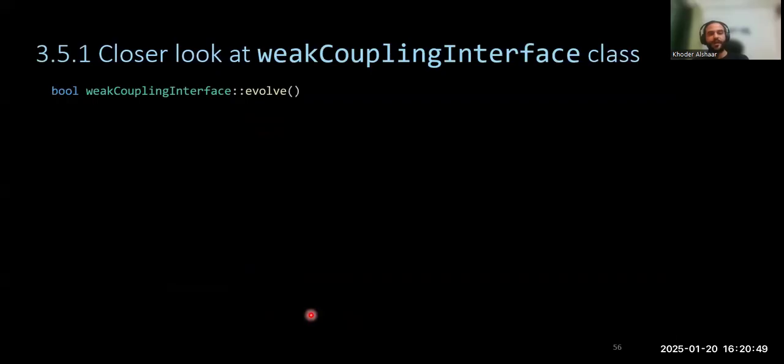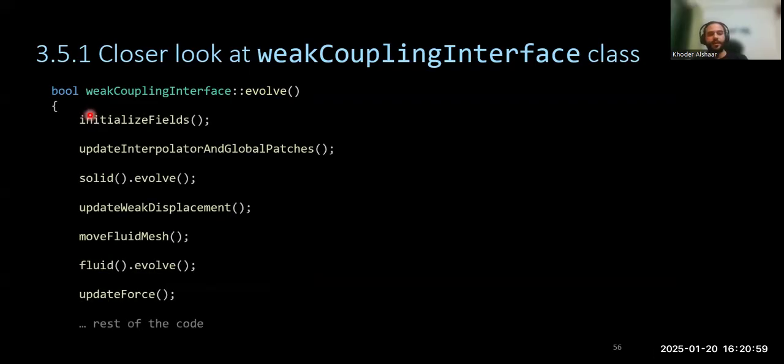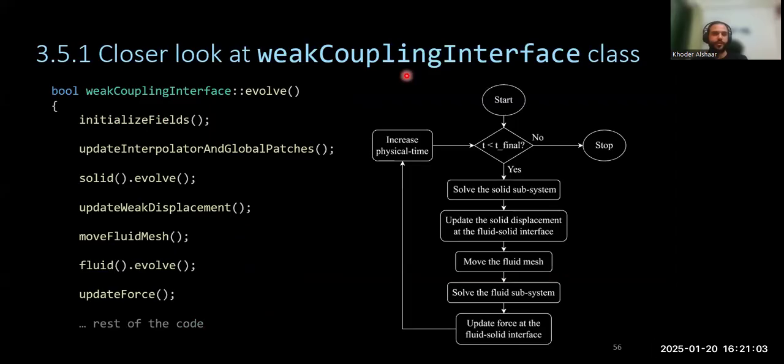One of the coupling models available in solids4foam is the simplest one, called the weak coupling interface. I'm talking about it here because it's the simplest one, but you can check other coupling algorithms. This is the weak coupling, if you remember from previous slides.